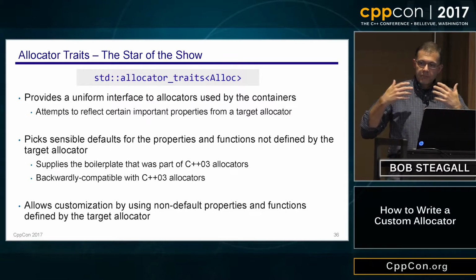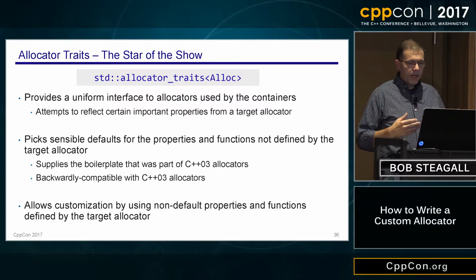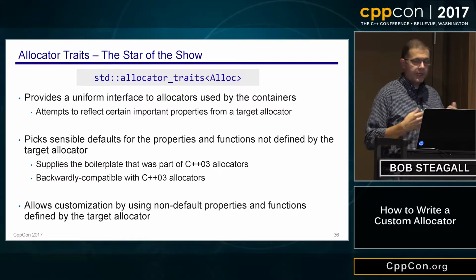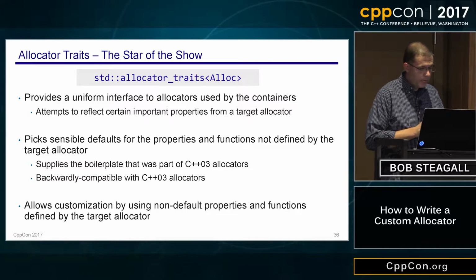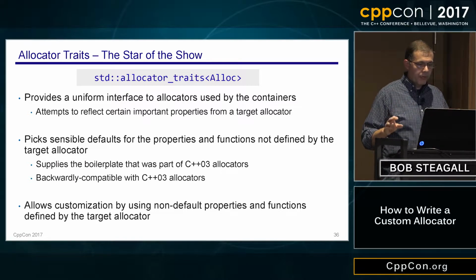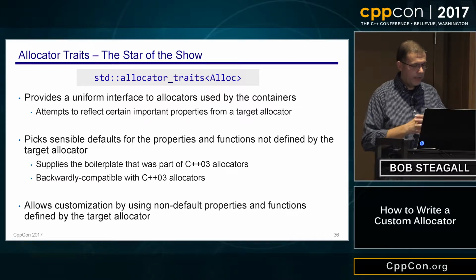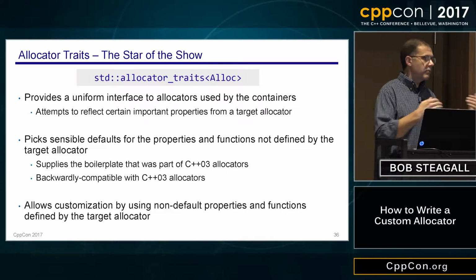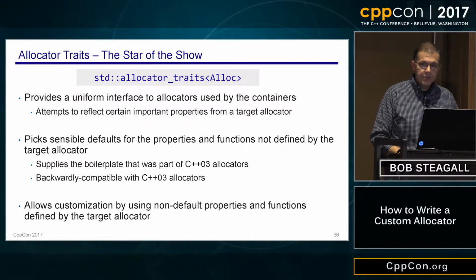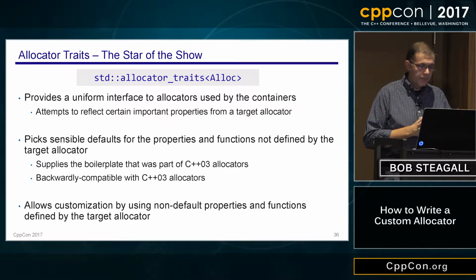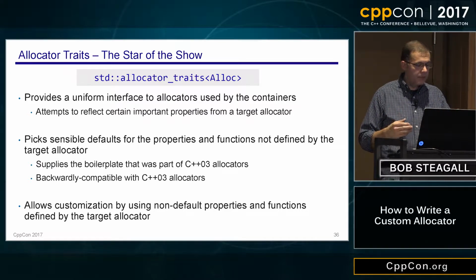If there is some bit of information required by a container that's not provided by your allocator, allocator traits will very cleverly pick what it thinks is a reasonable default for it. It supplies a lot of boilerplate that had to be part of the old school allocators, and it's also backwardly compatible with those allocators. It allows you to customize behavior by creating non-default properties and functions.